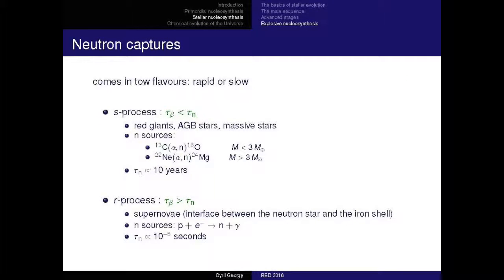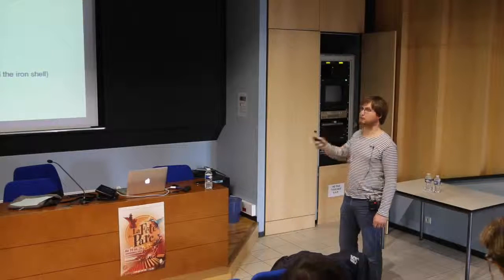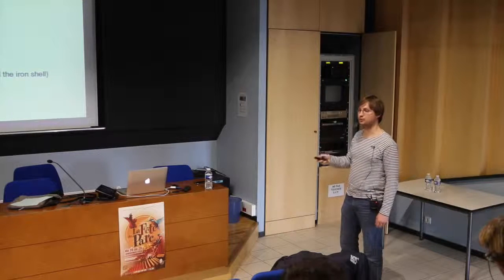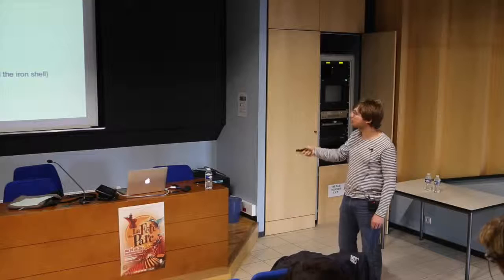You also have the rapid neutron captures, where the time of capturing a neutron is much shorter than the beta disintegration time. This happens when you have a lot of neutrons in your medium, because you need to capture a lot of neutrons to go through this process.